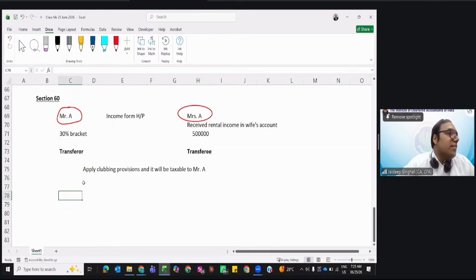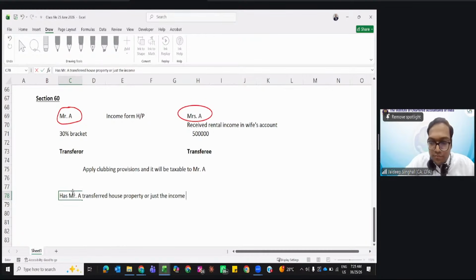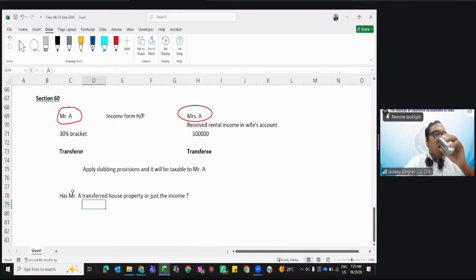Now tell me, in this case, has Mr. A transferred the house property or just the income? It is just income that has been transferred.